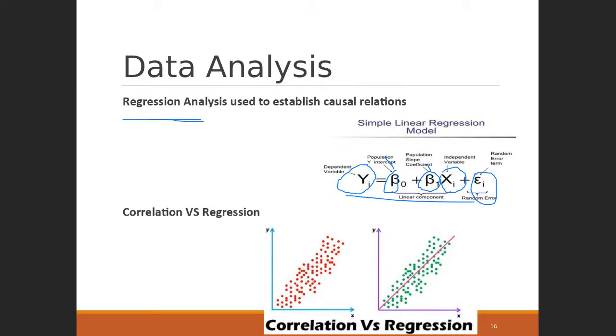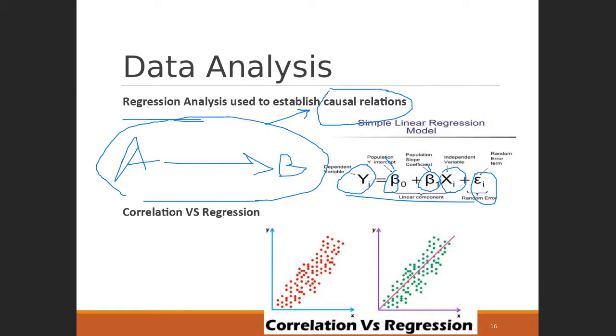What kind of hypothesis does regression test? All kinds of hypotheses which point towards causal relations are tested by regression. So all kinds of hypotheses which say that A leads to B, or A has a positive impact on B, A has a negative impact on B. Because we have mostly used causal hypotheses, I advise you to go for causal relationships.